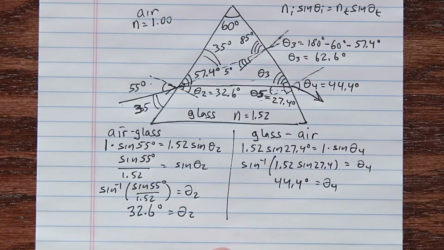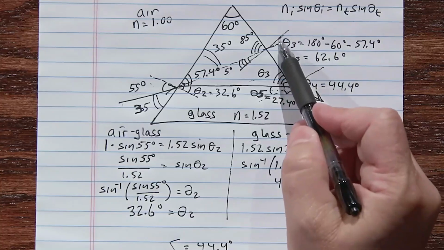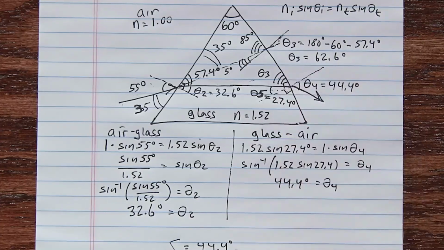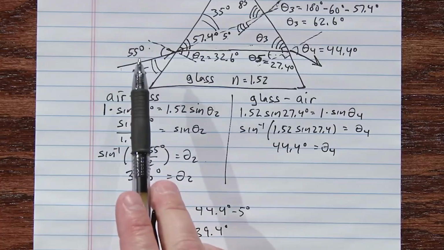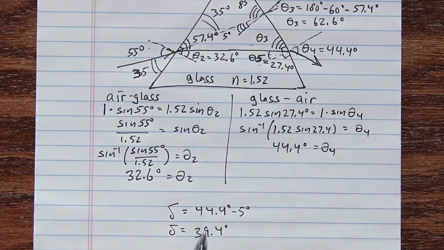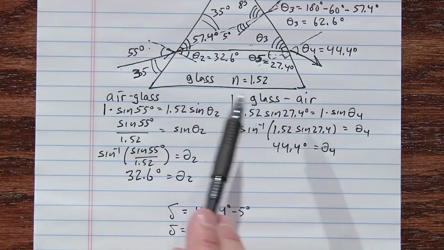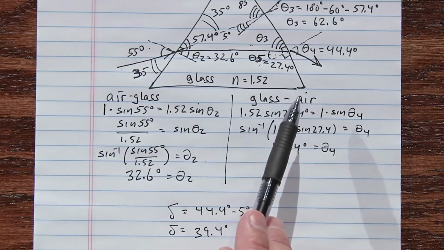So the total deflection, delta, is 44.4 degrees minus this 5 degrees right here. So delta is 39.4 degrees. So overall, the effect of this prism is to bend the light by an angle of 39.4 degrees towards the thicker end, or the base of the prism.